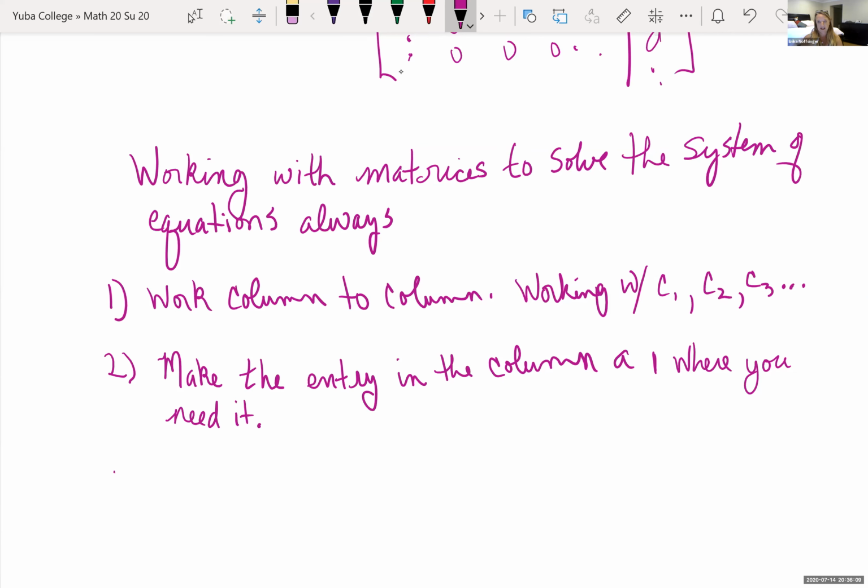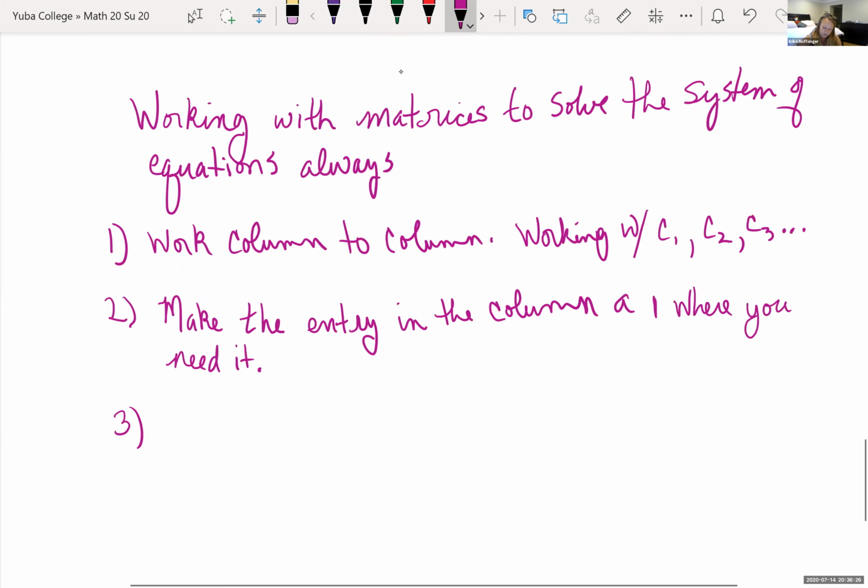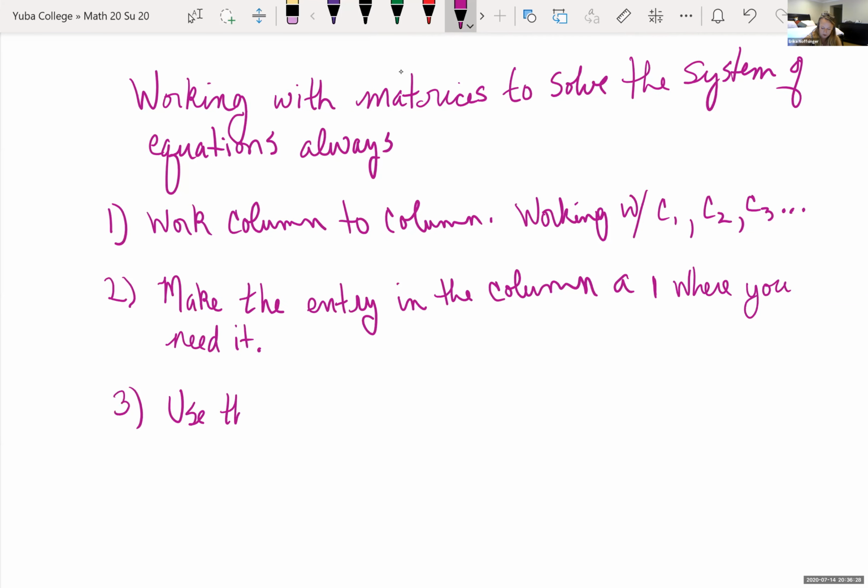So once you get that number of 1, then you can get rid of the numbers above that 1, if there are any, or below that 1, if there are any, by just multiplying by the opposite of the number you're trying to get rid of. So use that 1 to get rid of all the entries above and below.